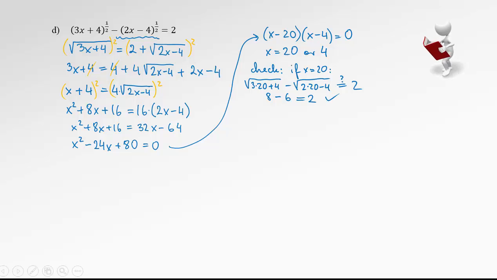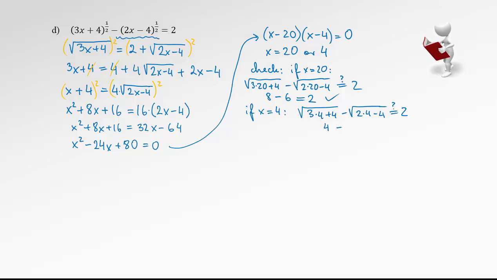That confirms. And now if x is 4, let's do the same. Square root of 3 times 4 plus 4 minus square root of 2 times 4 minus 4. Is that equal to 2? Okay, we have 12 plus 4, which is 16. The root of 16 is 4.